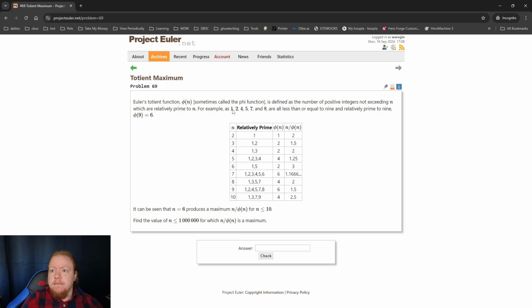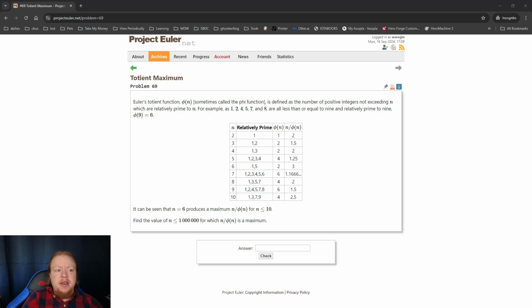I have not checked that I found the correct answer, but I think the solution is actually to multiply the prime numbers until we exceed the limit here. And we don't even actually need to calculate this n divided by phi of n.